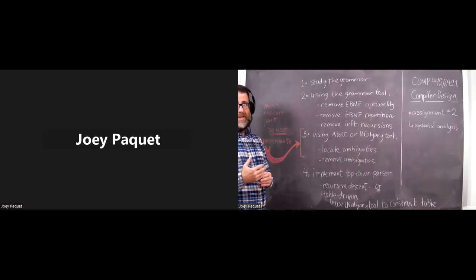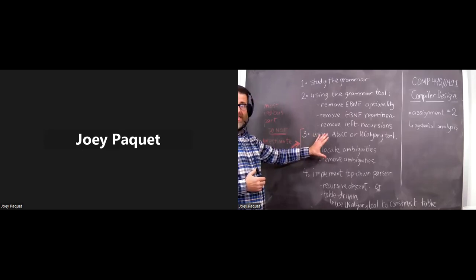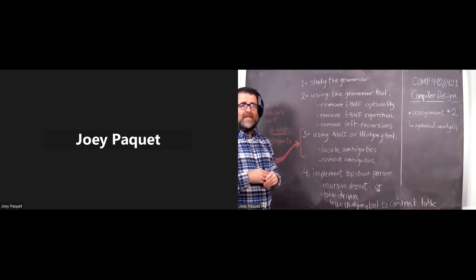It's actually the assignment that takes the most time, and the most time to do this assignment is very often this step here, how to remove the ambiguities. It is very tedious, very confusing, very error-prone.